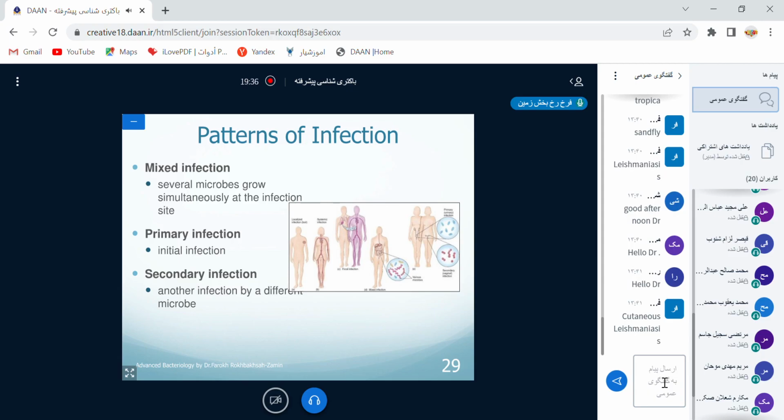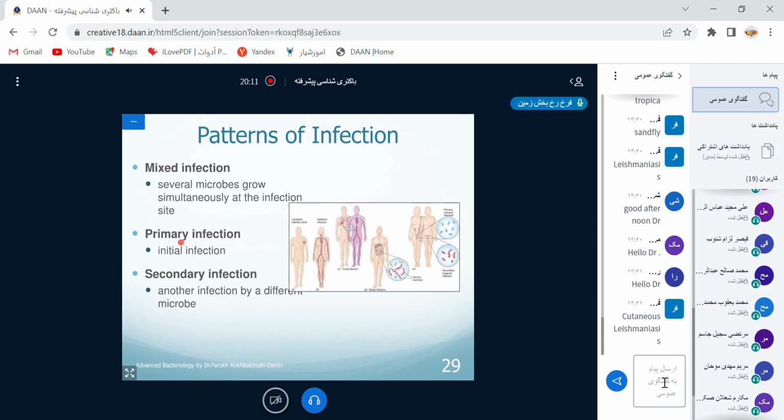So it is a primary infection. When signs and symptoms on our skin start after the biting of a sandfly, it is because of the primary infection by Leishmania tropica. But after some time, normal flora of the skin can penetrate the place of infection also.